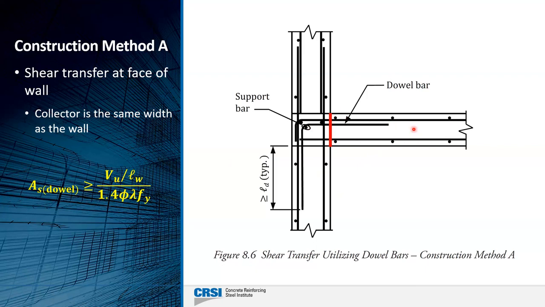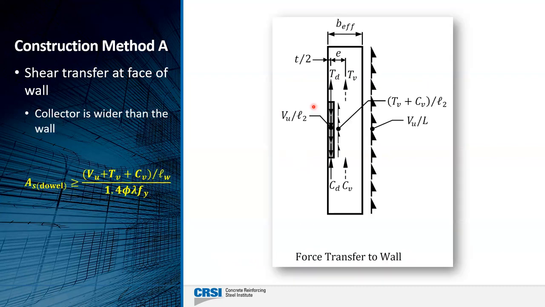That dowel bar is noted here. That will be developed into the wall and into the slab by L sub D, and those are our shear transfer bars that will transfer that shear force into the wall. Okay, so that's one location.